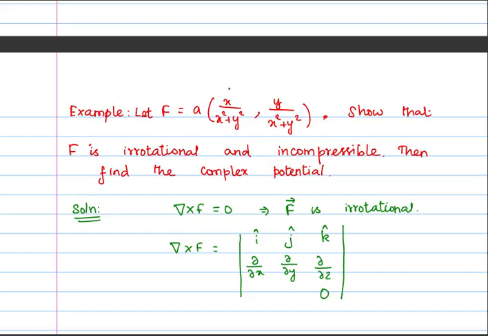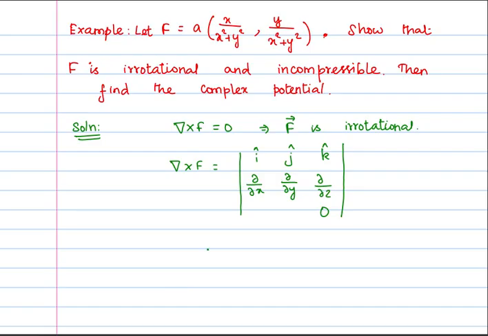There is only two-dimensional flow, so the z component is 0. This is y divided by x square plus y square, and x divided by x square plus y square. Now we take this as P and this as Q, you can assume that.